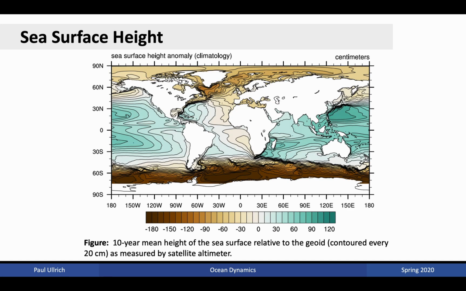Does this agree with what we see in reality? Here's a plot showing sea surface height anomaly from the mean sea surface height over the planet. Regions that are blue correspond to regions with higher free surface heights. Regions that are brown correspond to regions with lower free surface heights.